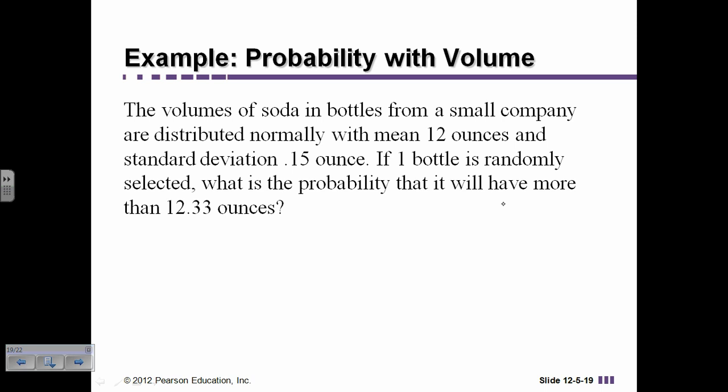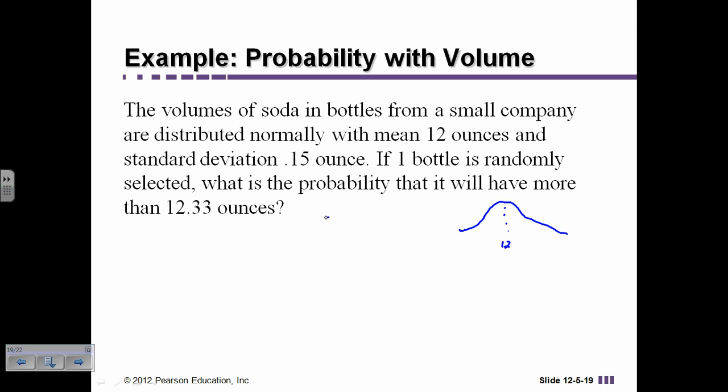So here we have a soda company, and the soda company promises that they have a normal distribution, that their average or their mean is 12 ounces, and the standard deviation is 0.15 ounces. So they say if they randomly pick up a bottle, what's the probability that it's going to have more than 12.3 ounces?